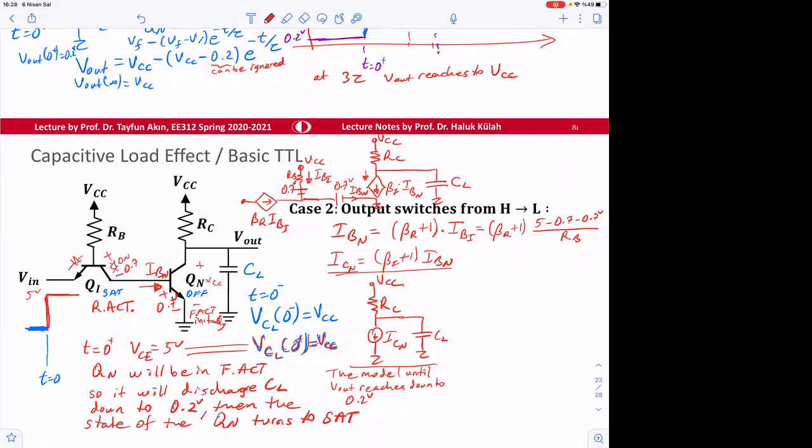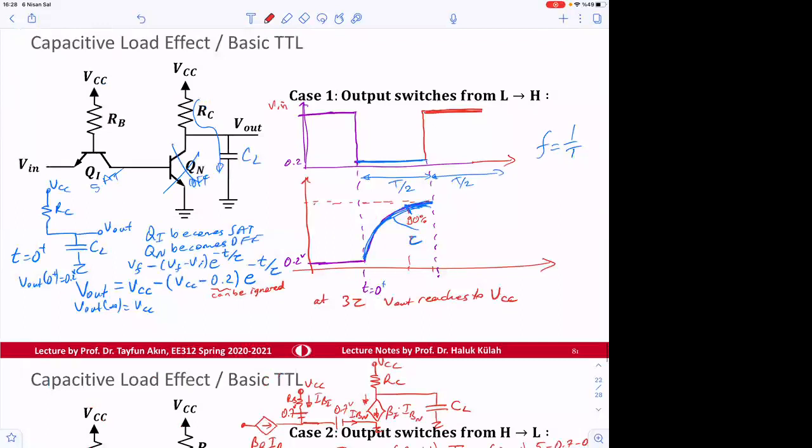So now the tricky thing is this. So if I can find the time, so this will be the time. This current will be a lot of current for discharging.